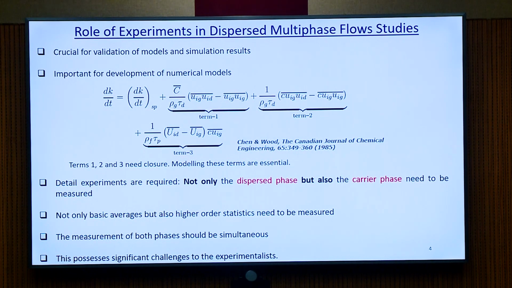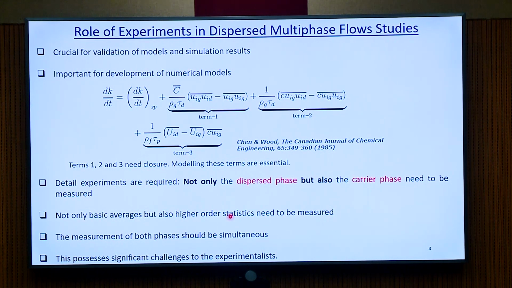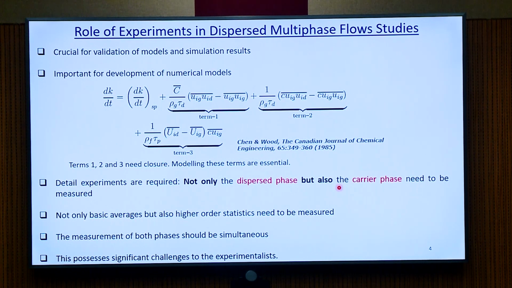And we need not only basic statistical quantities, for example, mean, standard deviation, but higher order statistics, for example, these correlations. And in order to measure quantities like this, we need to measure both the dispersed phase and the carrier phase at the same time. Okay, and that is what basically causes significant challenges to experimentalists.